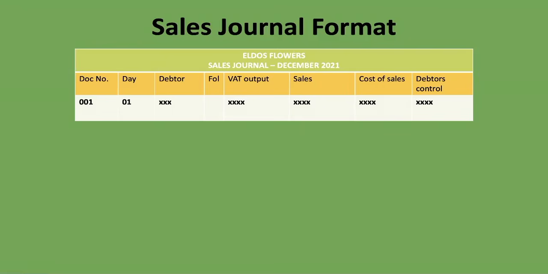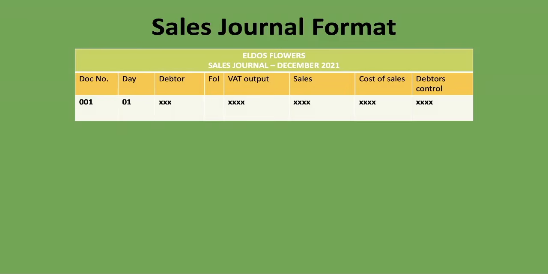If you looked at our previous lesson on the sales journal where we did not take VAT into account, you'll find that it's very, very similar to this one. The only difference between that one where we did not take VAT into account and this one is the column where we now have VAT output. So we begin by putting the document number, and if you've not been given the document number in your transactions, you just follow a sequence like 001, 002 and so forth, or 01, 02, 03 for every transaction that you do.